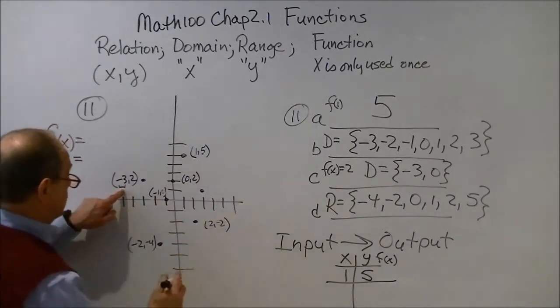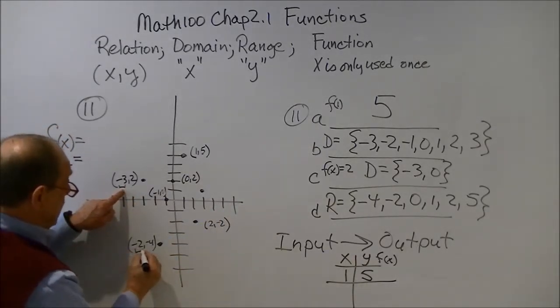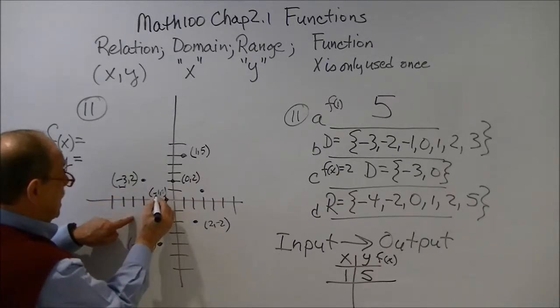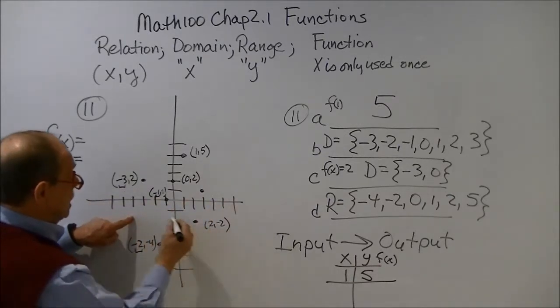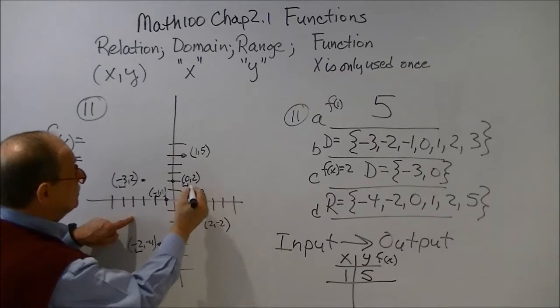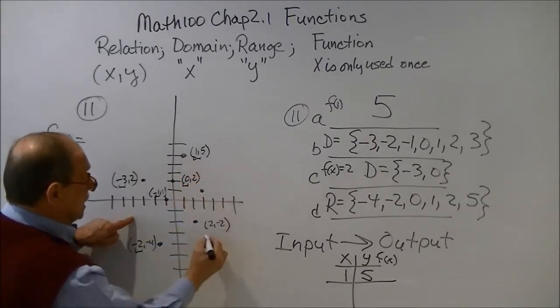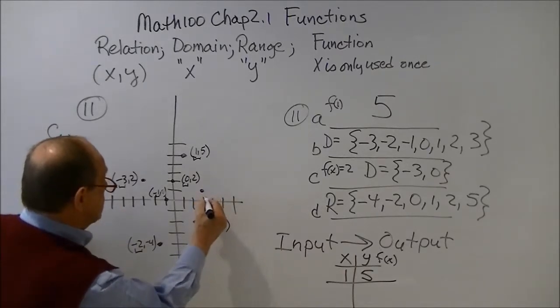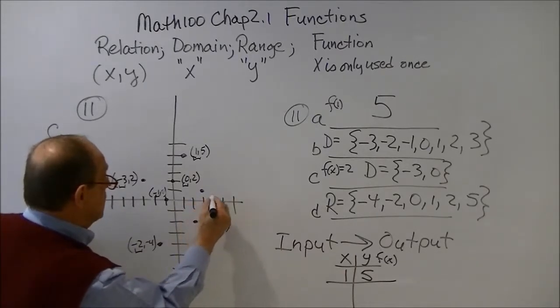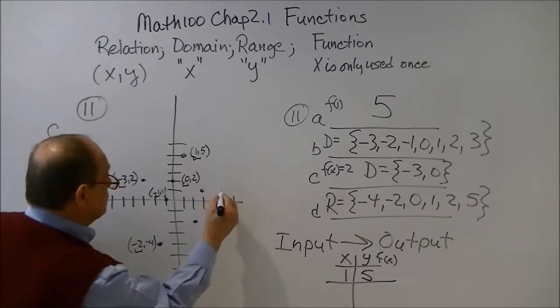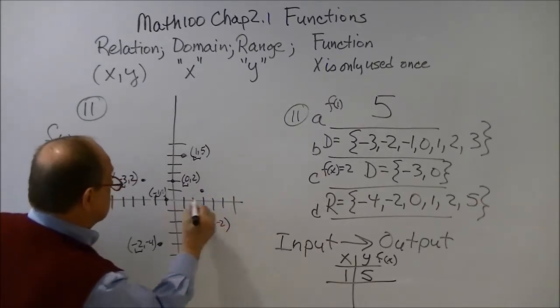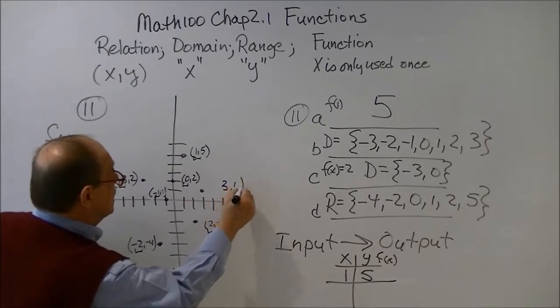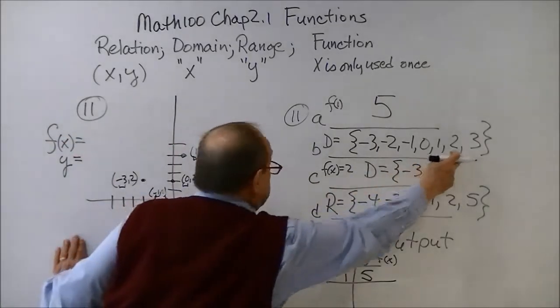That's our first one. Then we have a -2, a -1, a 0, a 1, and a 2. And I guess I didn't do this one. This is going to be a 3, 1. And there's our 3.